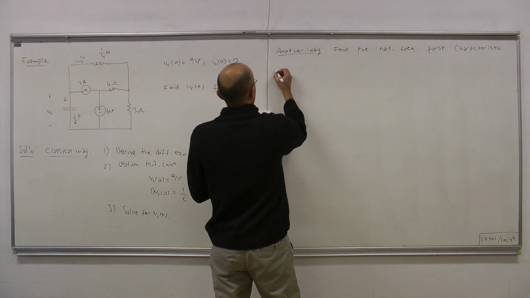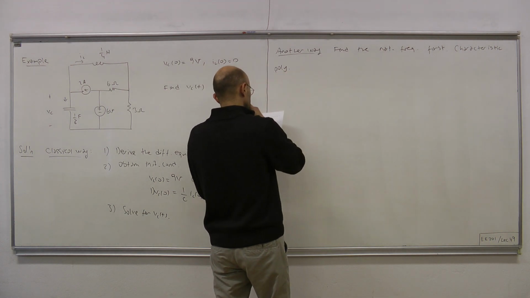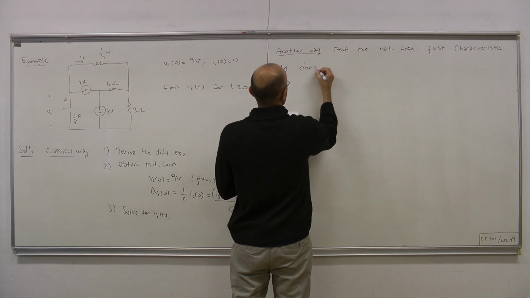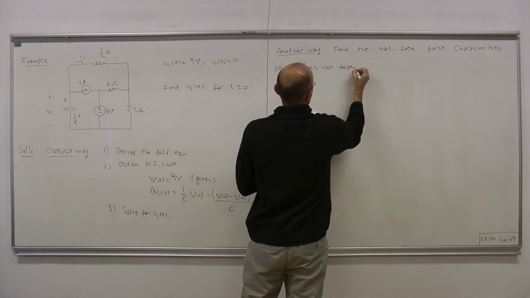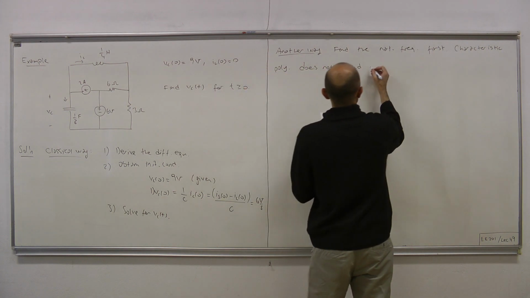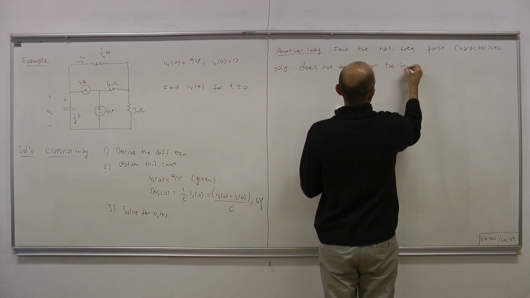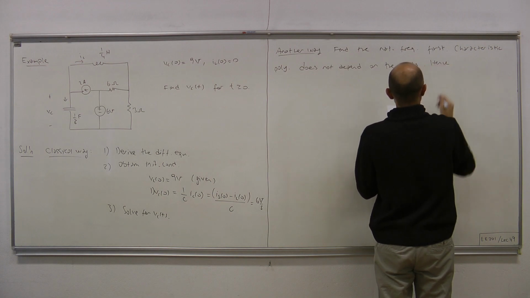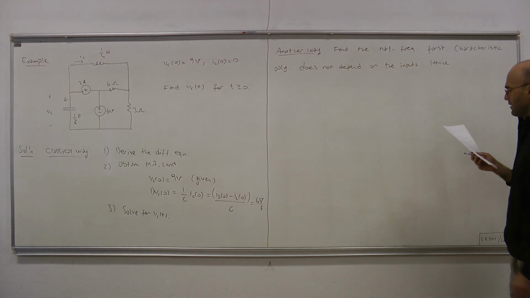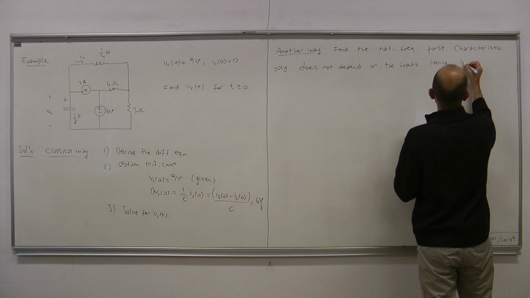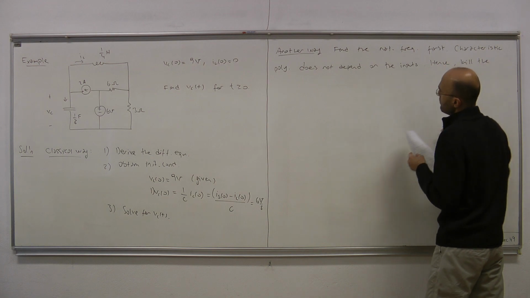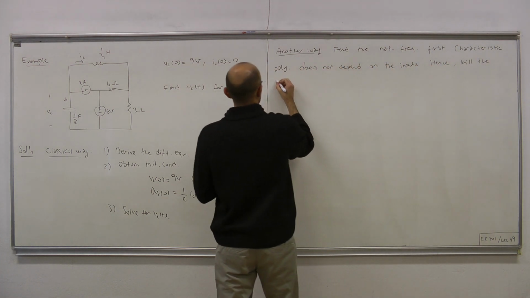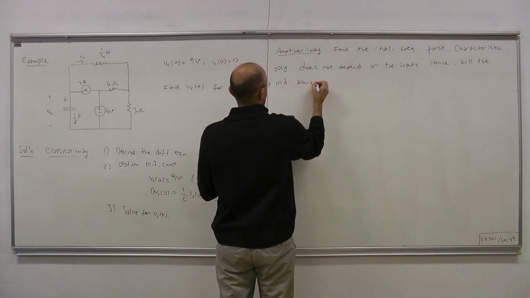Okay, the characteristic polynomial does not depend on the inputs. Therefore, we can attempt to compute them by killing the sources, hence kill the independent sources in the circuit.